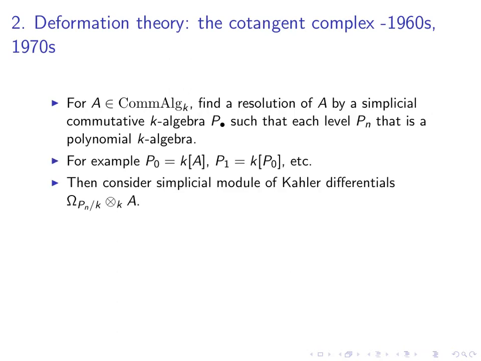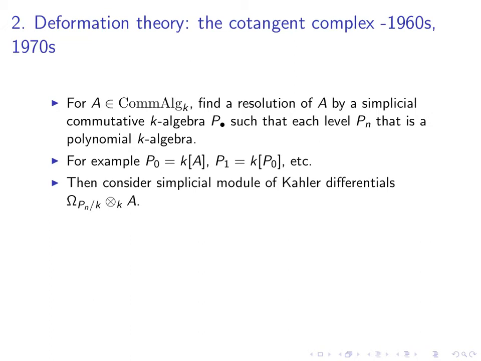So for example, P_0 could be a huge polynomial ring, K adjoin all the elements of A. Of course, typically there's much smaller choices, and P_1 can be the polynomial K-algebra on P_0 and so on.